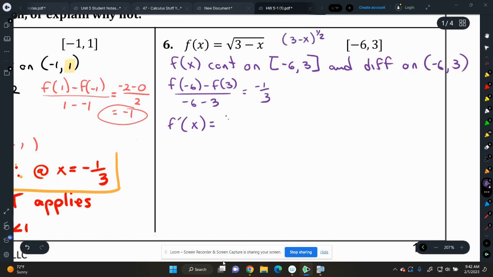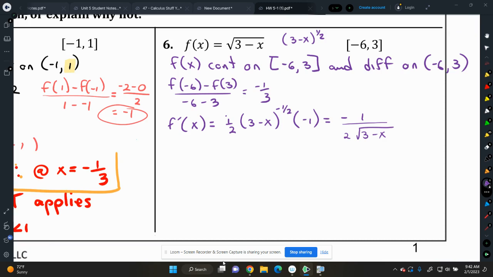So that's going to be 1/2, 3 minus x, subtracting 1, so it's to the negative 1/2. That's the outside, and then we have to take the derivative of the inside, which is negative 1, because we're subtracting x. So we have negative 1 over 2 square root of 3 minus x. Everybody understand that part?